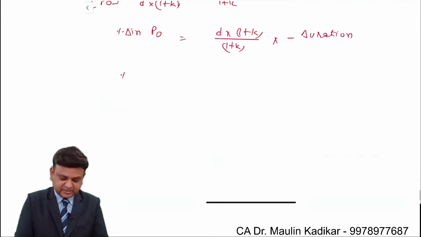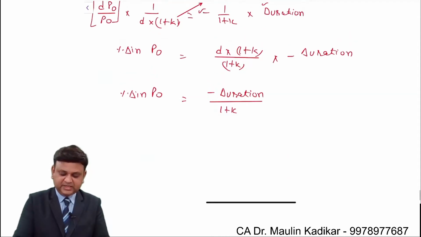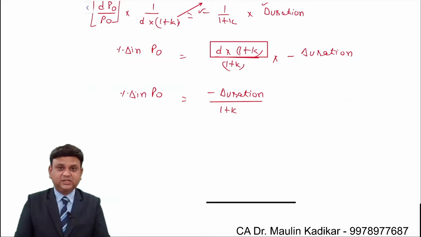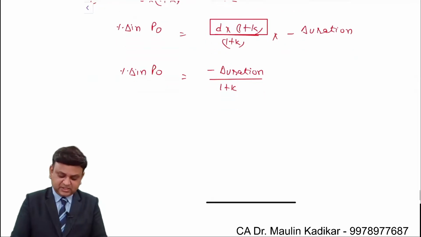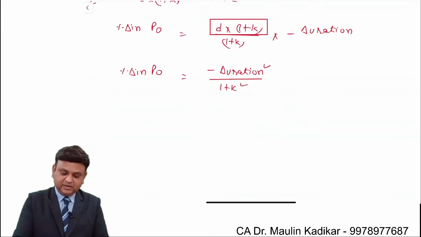So the percentage change in P0 is equal to negative duration divided by 1 plus k. Suppose the change is 1%, then negative duration divided by 1 plus k indicates the percentage change in P0.